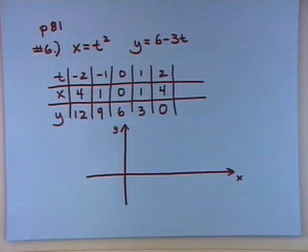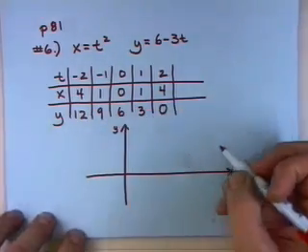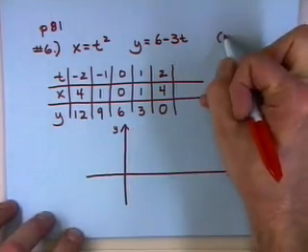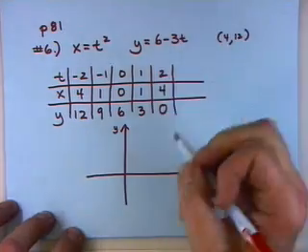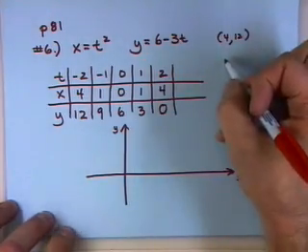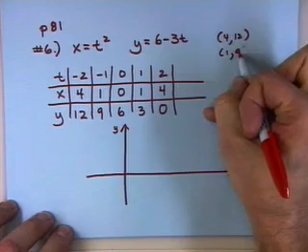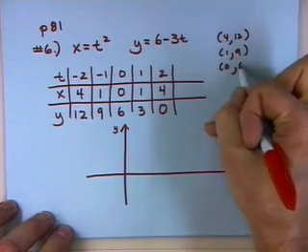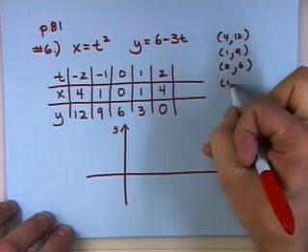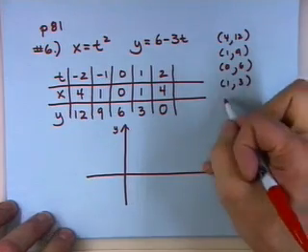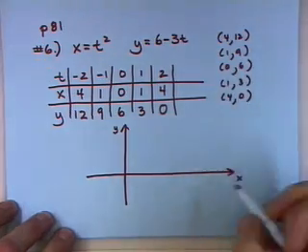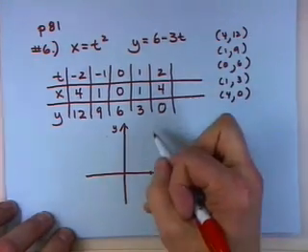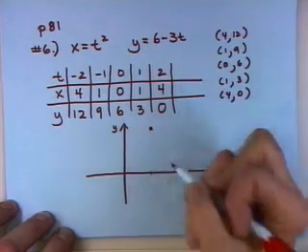Okay, so knowing that t has progressed from -2 to +2 on every integer, let's see what the points are. So it looks like we're going to go from 4, 12 is where I start, just in the way I chose the points, to 1, 9, to 0, 6, 1, 3, to 4, 0. Let's see what we get here. 4, 12.